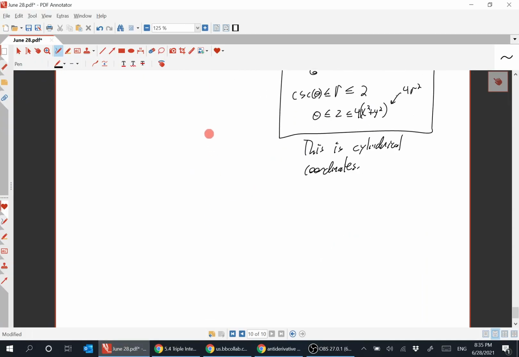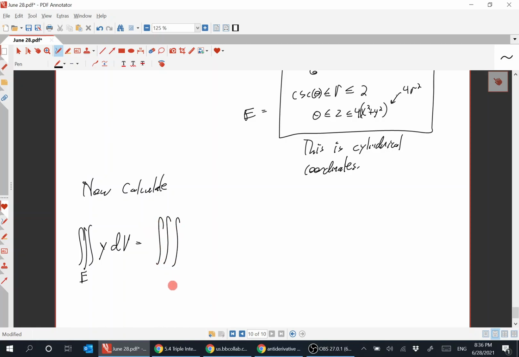But now we're trying to calculate the triple integral over E, call it E, of y dV. So this is, in terms of cylindrical coordinates, z from 0 to 4r squared, or 4x squared plus y squared.